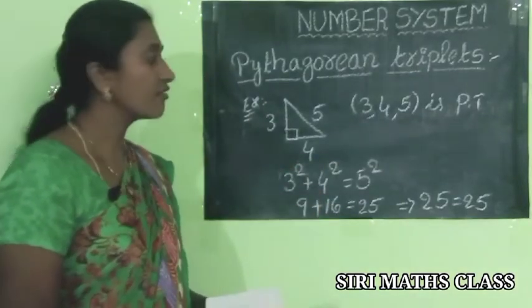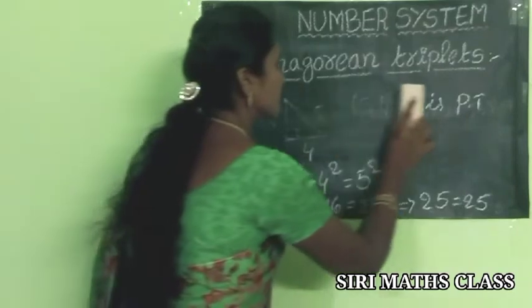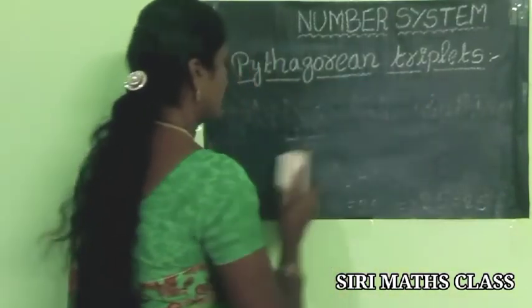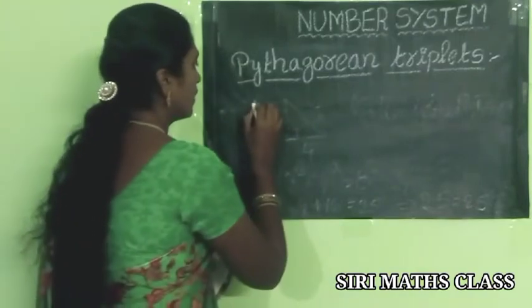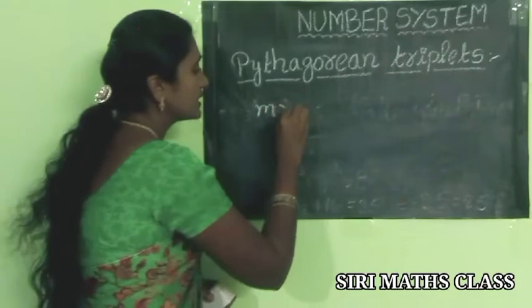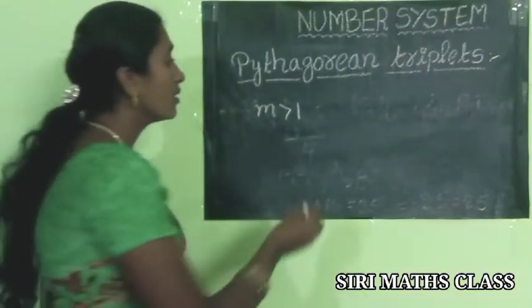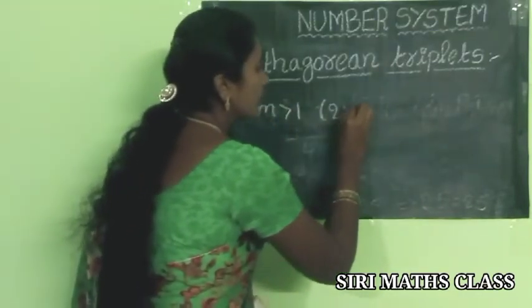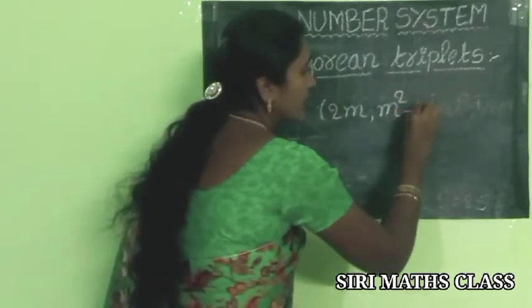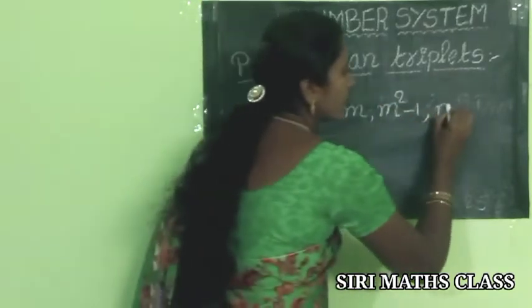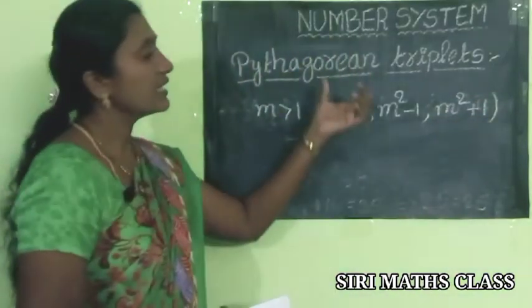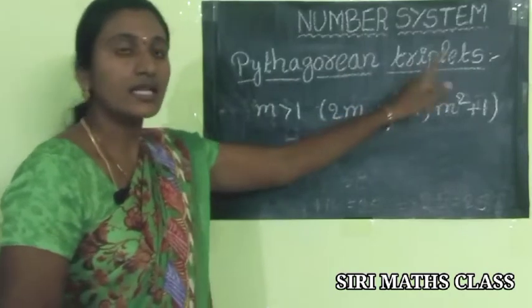Here we can take one condition. For any natural number M greater than 1, 2M comma M square minus 1 comma M square plus 1 is called a Pythagorean triplet.